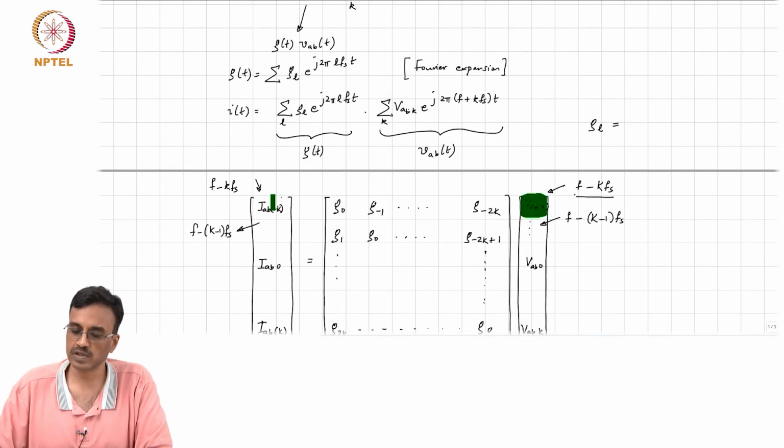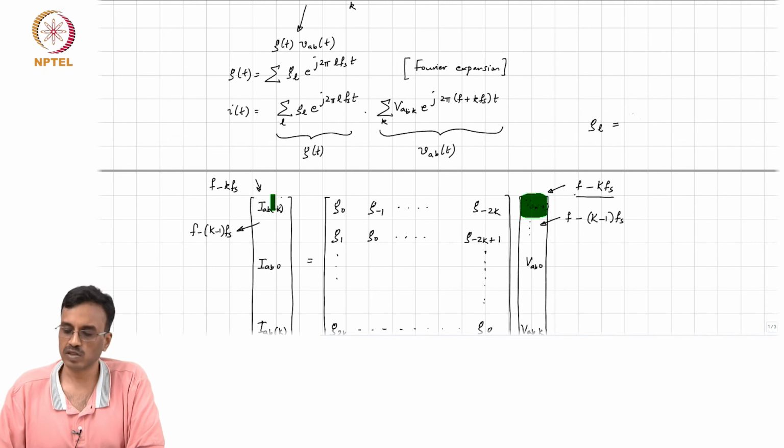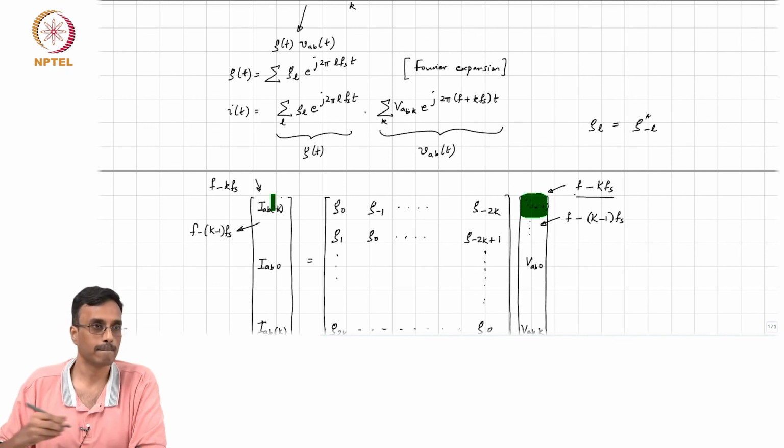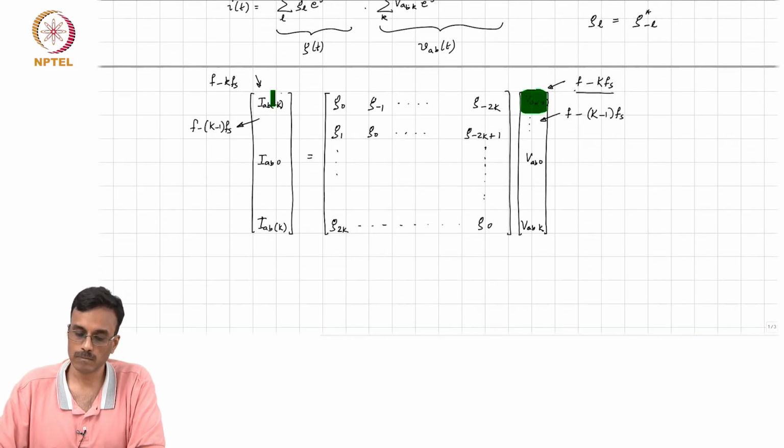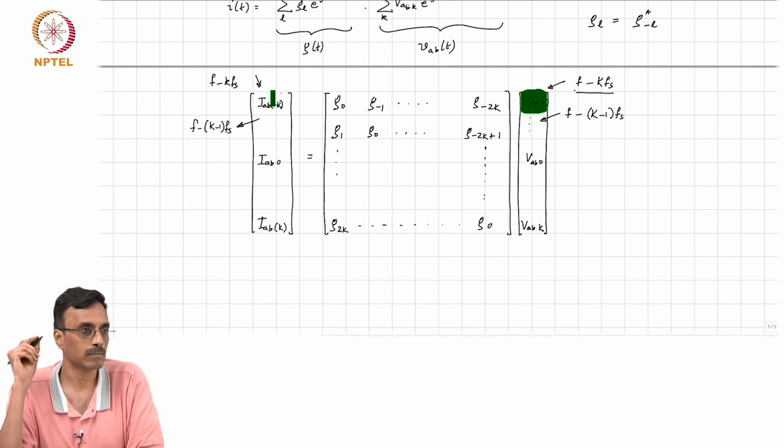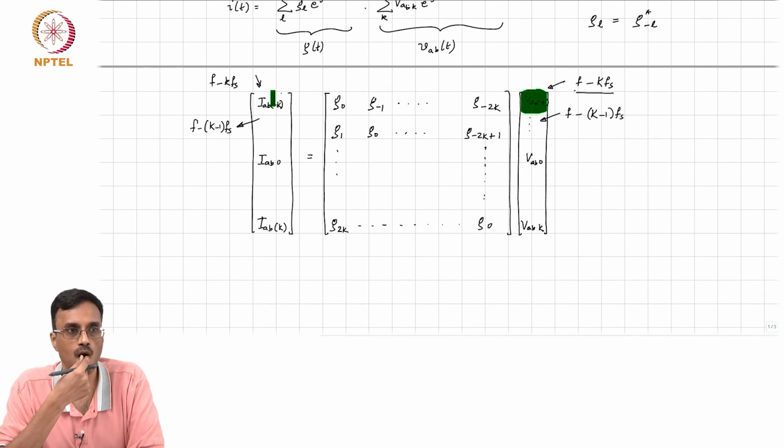So the Fourier coefficients must satisfy conjugate symmetry. So basically g of L must be equal to g of minus L star. Does it make sense?